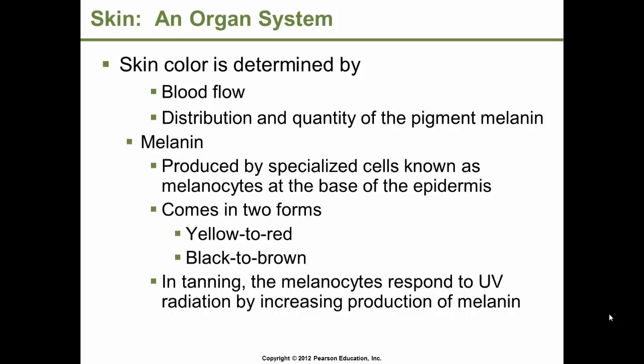Melanin comes basically in two forms, yellow to red and black to brown, and black to brown is the most common. When an individual tans, the melanocytes respond to the ultraviolet radiation and thus increase the production of melanin, thus the increased darkening of the skin.